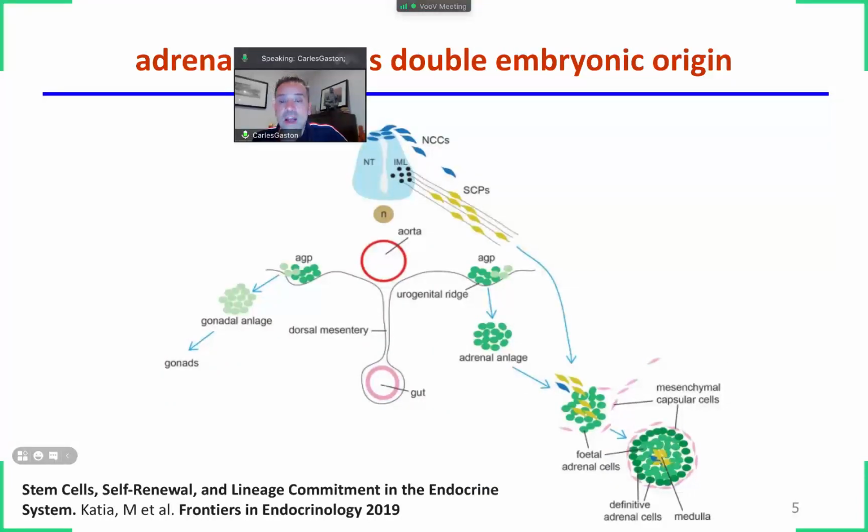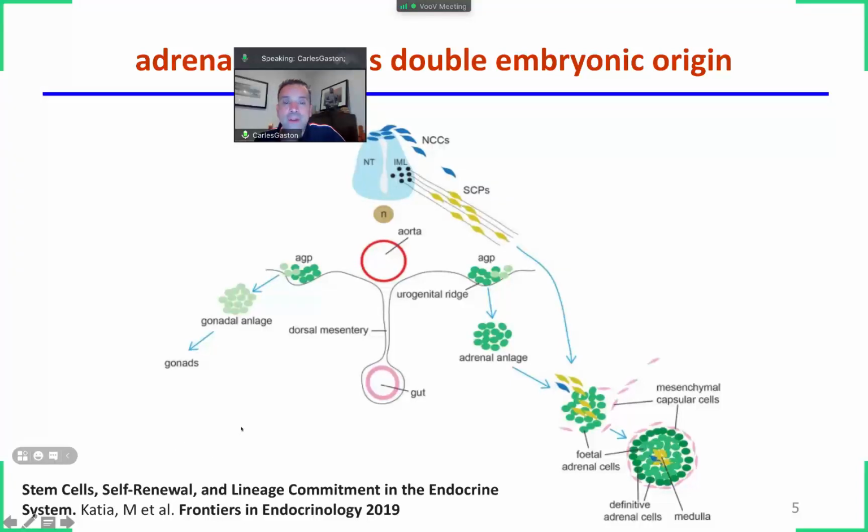Again, just to recapitulate how the organ is developed. Remember, there is the adrenal anlage or the primordium, which comes from the mesoderm, and these cells pack together to form the adrenal anlage. This adrenal anlage will be invaded by cells from the nervous system in the neural tube, right?